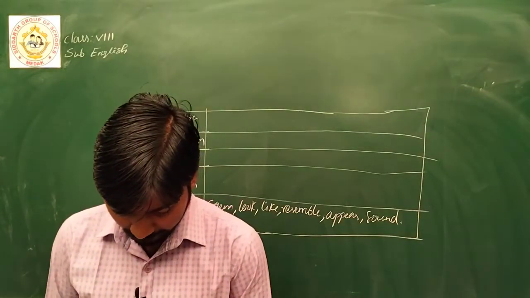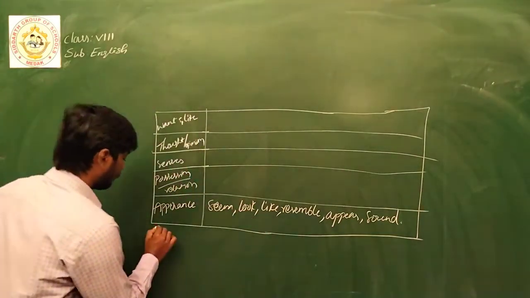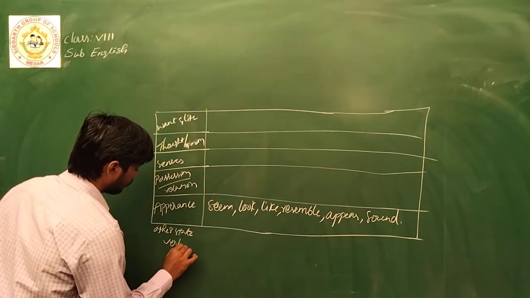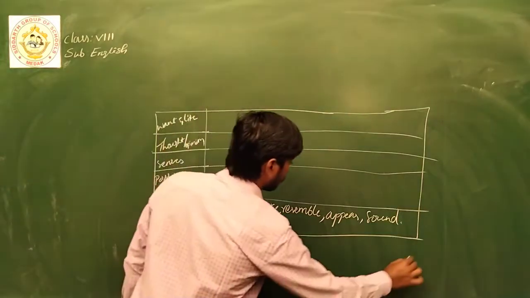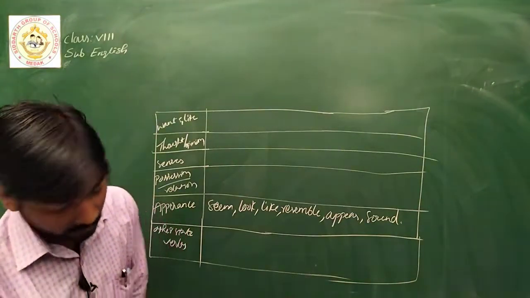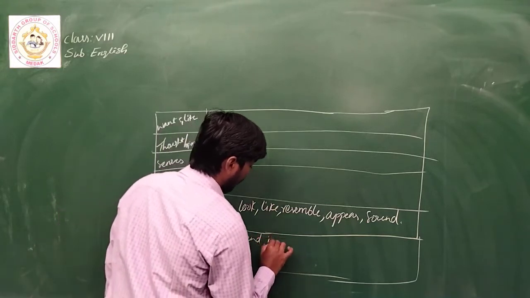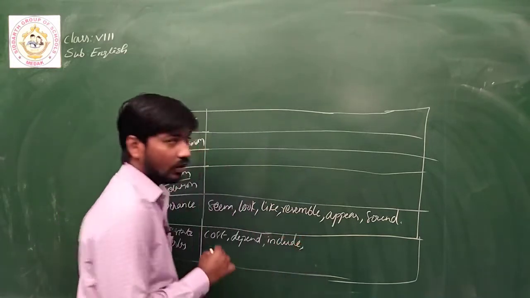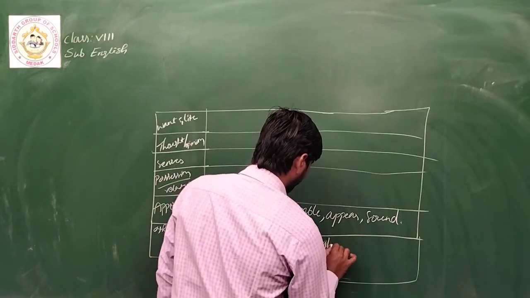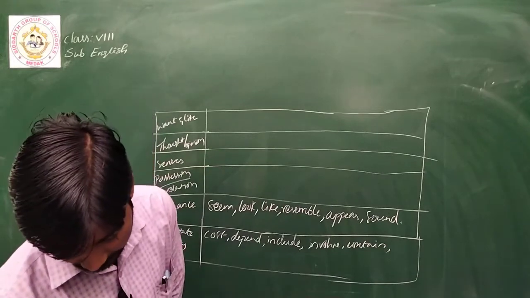Next, other state verbs are also there. Just write other state verbs, like cost, depend, include, involve, contain, lack.